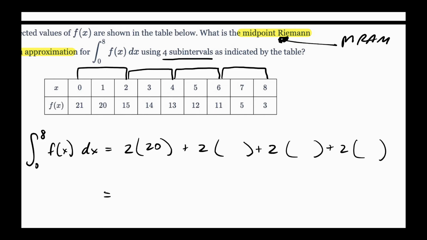The next one goes from 2 to 4. The middle is 3. The height at 3 is 14. The next one is from 4 to 6. The height of that one is determined by the middle again. The middle is 5. The height at 5 is 12. And the last one would be 5.